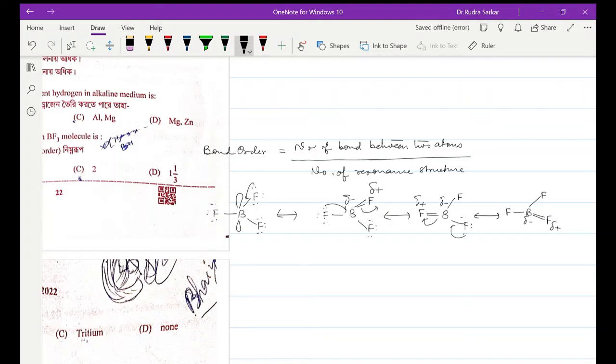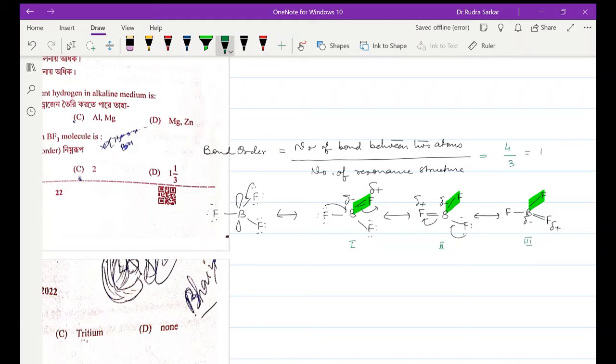So if you just take one such bond connection between two atoms, say this one. How many bonds do we see? We see 4. The number of resonating structures, we will say 1, 2, and 3.